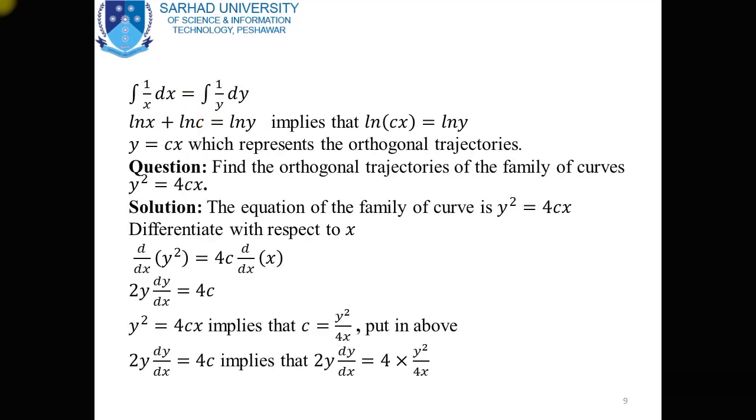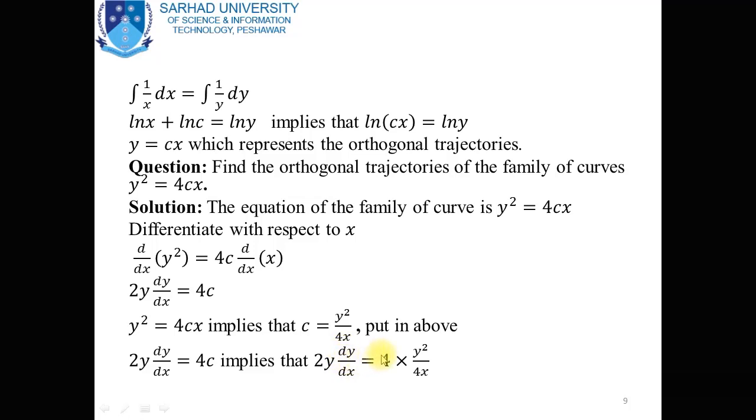Now dear students, for the required orthogonal trajectory, replace this dy by dx by minus dx by dy.